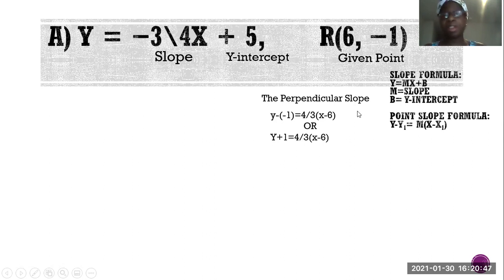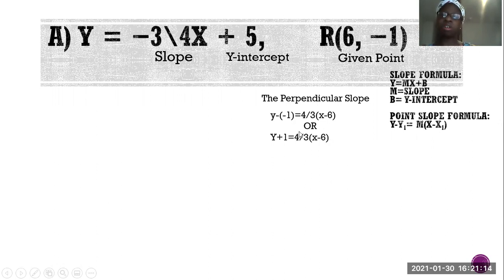And then we're finding the perpendicular, which means we have to take the opposite of our slope. So this means we'll have 4/3, and it'll be positive because it is a perpendicular. And then we have our x, which we can get from the given point. So we'll have y plus 1 equals 4/3 times x minus 6.